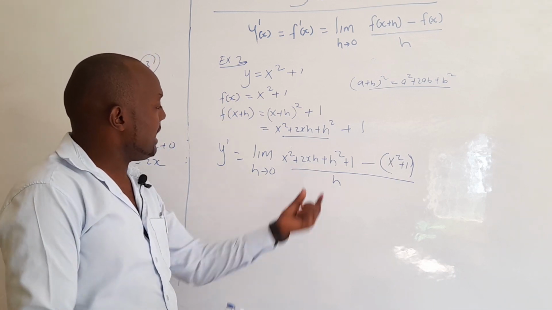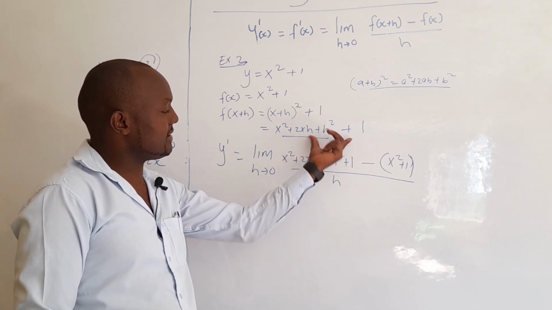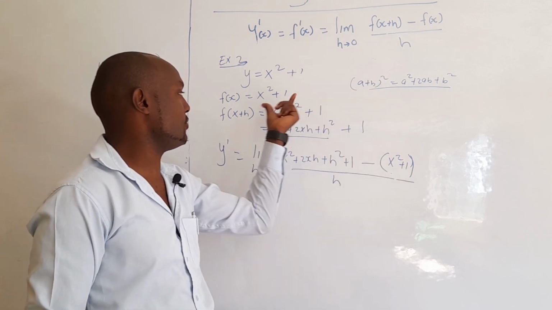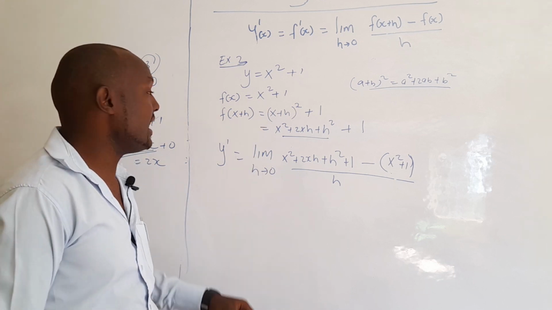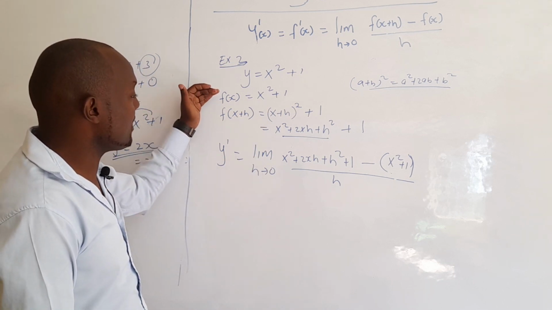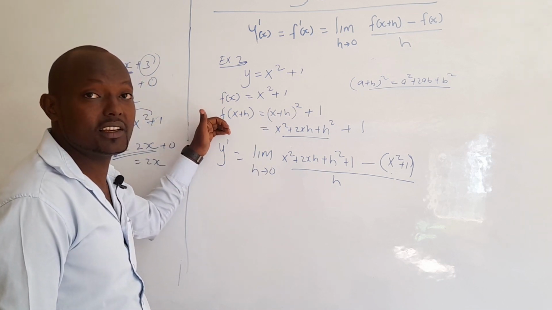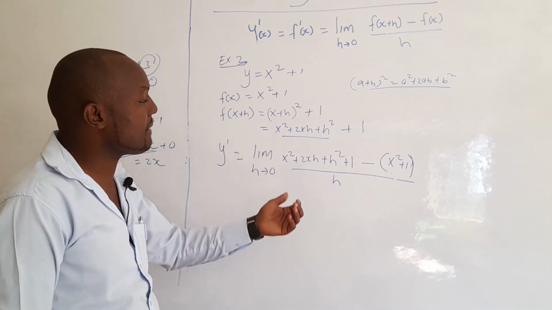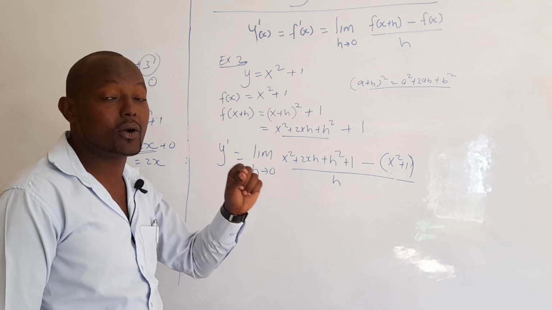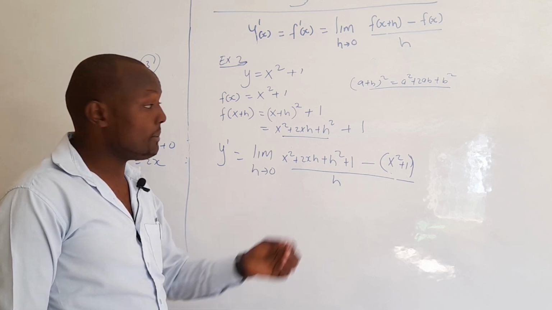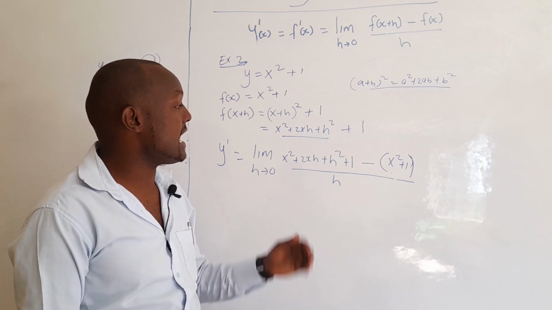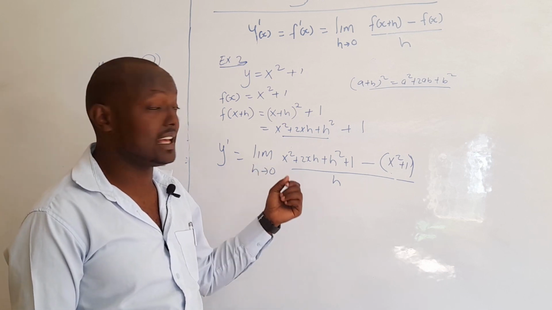So my f of x plus h is this one plus 1, minus my function of x, which was x squared plus 1. I like telling students, if you arrange your work this way, it is hard to fail that question. Even though you make a mistake, you can be able to trace back where you made that error. But if you don't arrange your work, it will be even much harder to trace where you made that error.